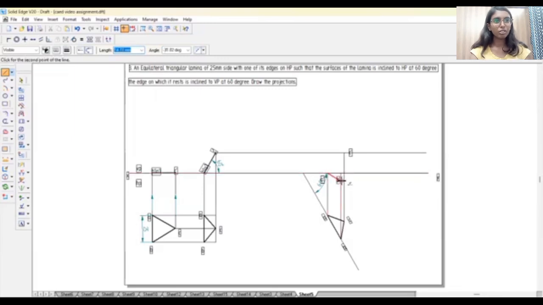Now we have to project the line towards up to make the projections. So let's select line option with 0.13 thickness and project it to the top.